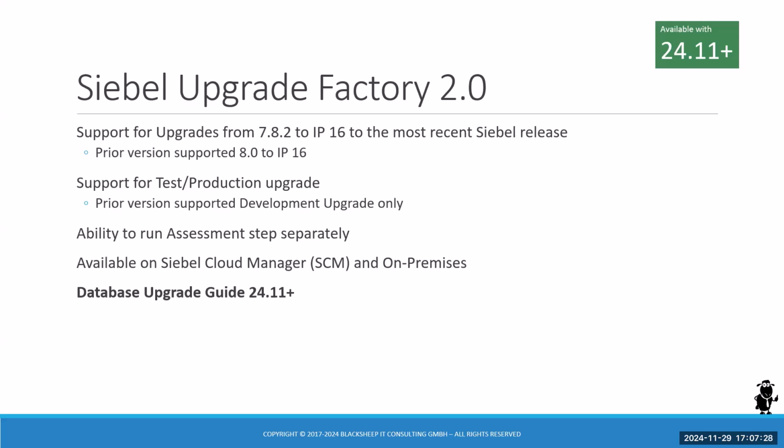That's really old. It now supports test and production upgrades as well. After you've done your development upgrade with Upgrade Factory, you get some control files, which you use to upgrade a copy of your test or production database on cloud or on-prem. So it's not limited to cloud.